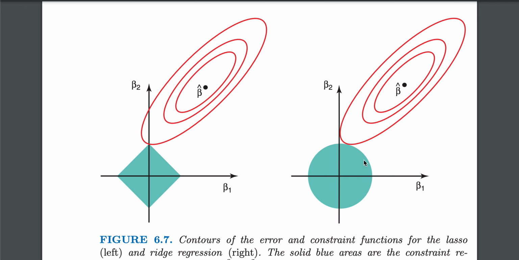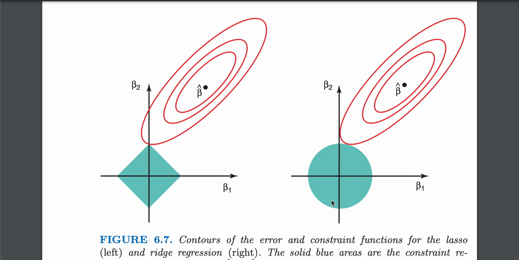Since we are looking for the beta coefficients within this circle that minimize the residual sum of squares, it will touch somewhere on the boundary. Unless beta hat is inside to begin with, in which case the constraint is redundant.